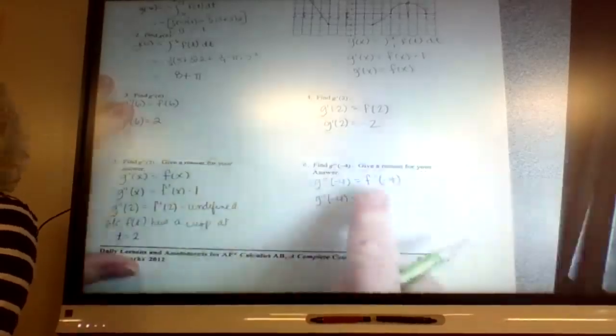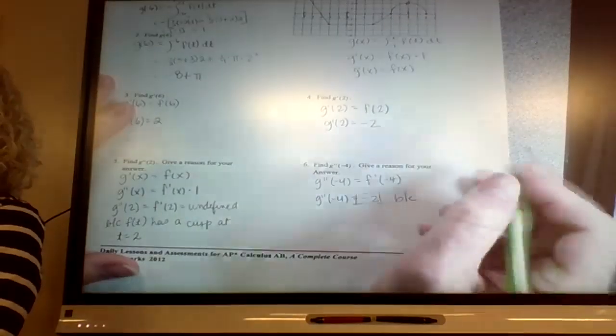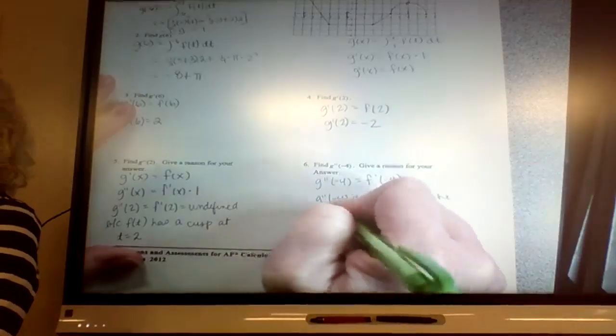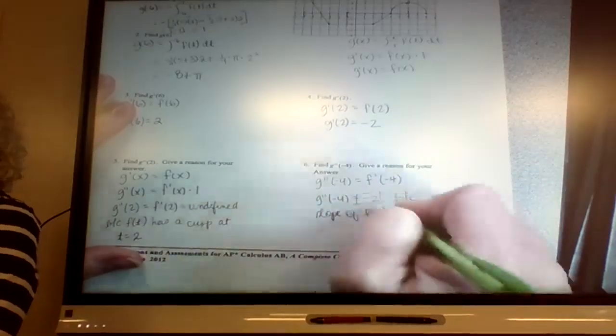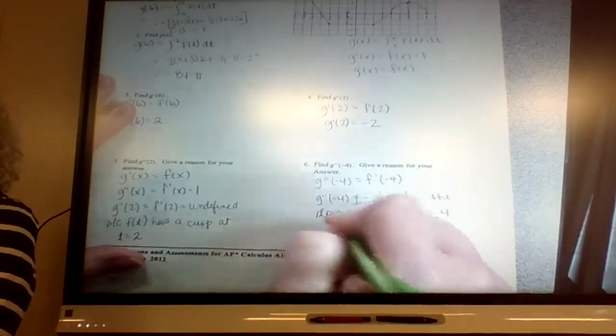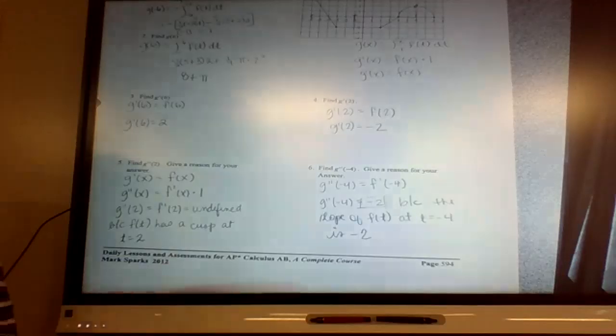Still got to give a reason. What's my reason? The slope of f of t at t equals -4 is -2. All right, very good.